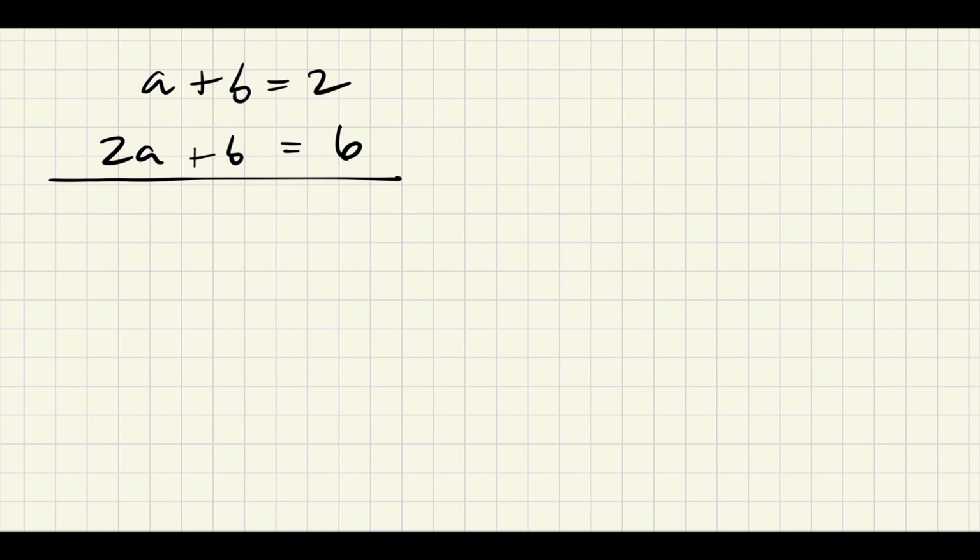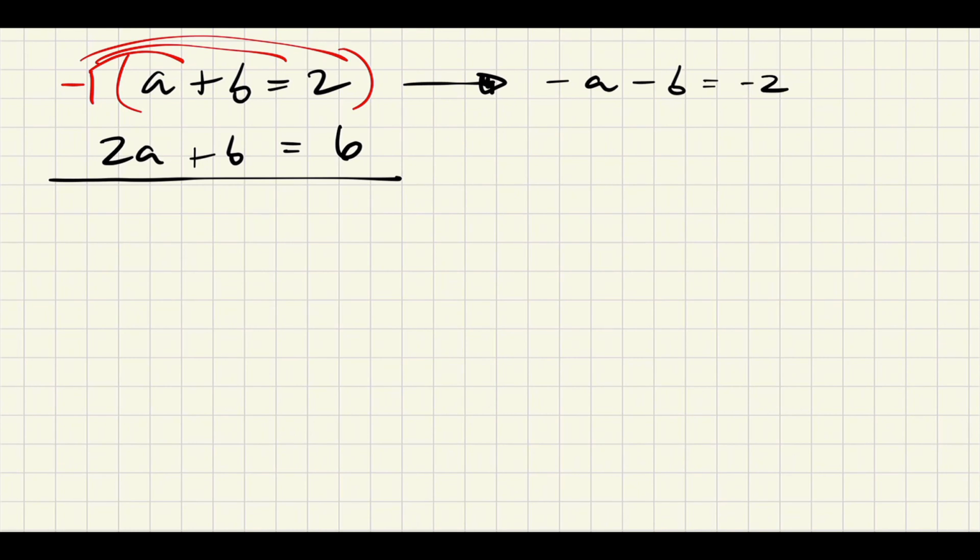I can do this because I'm doing everything by -1, not just B. So it becomes -A minus B equals -2. Those two are actually exactly the same. One is just multiplied by -1, one isn't. So I haven't changed it, I just manipulated it so it looks a little different.